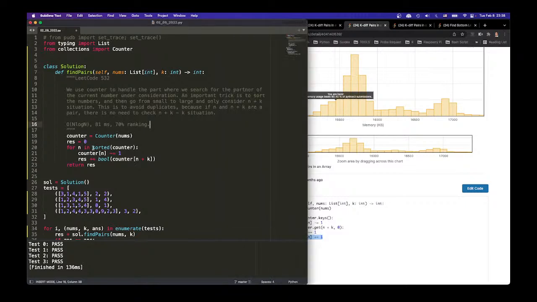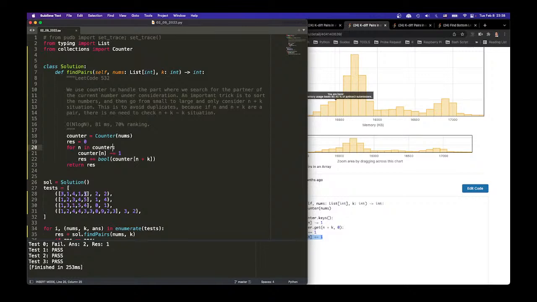Yeah, I don't know why I sorted. I actually don't think it matters. It's just counter. And I would do plus. It does matter. 3 plus 2, I have it. 1 plus 2, I have it.